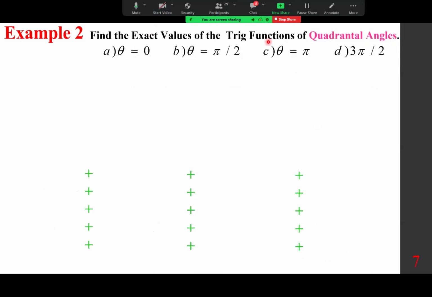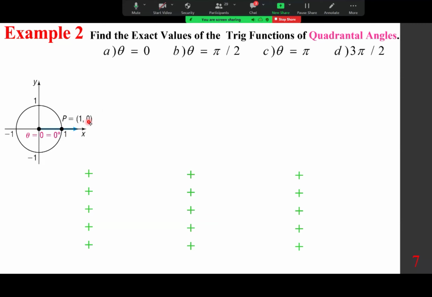Find the exact value of the trig functions of quadrantal angles. Starting with theta equal to 0, we know this location is (1, 0). All we need to know is that x is cosine, y is sine. So cosine of 0 is 1, sine of 0 is 0.